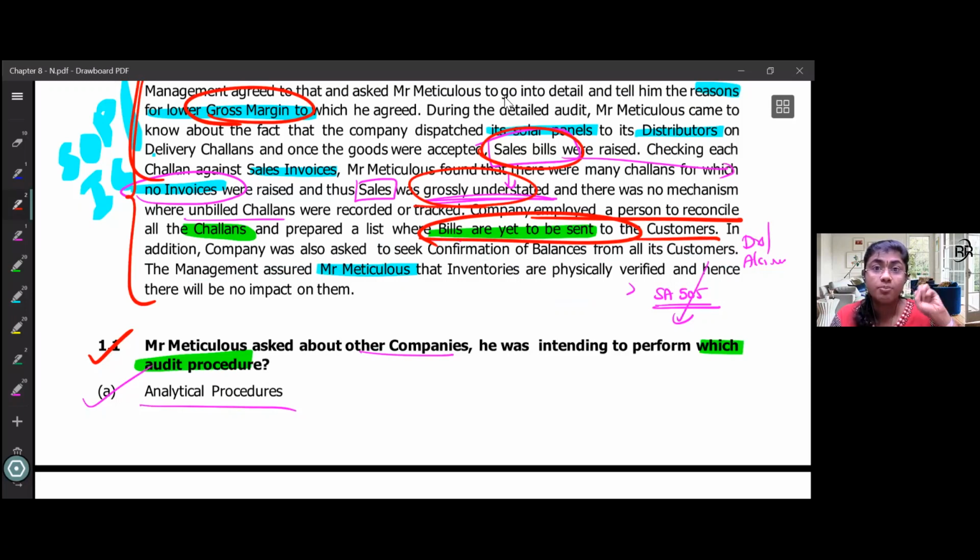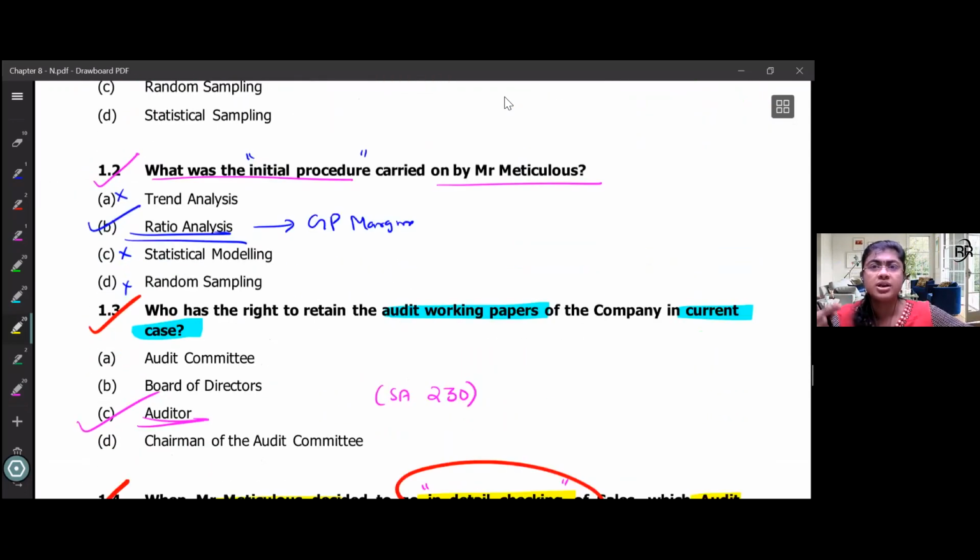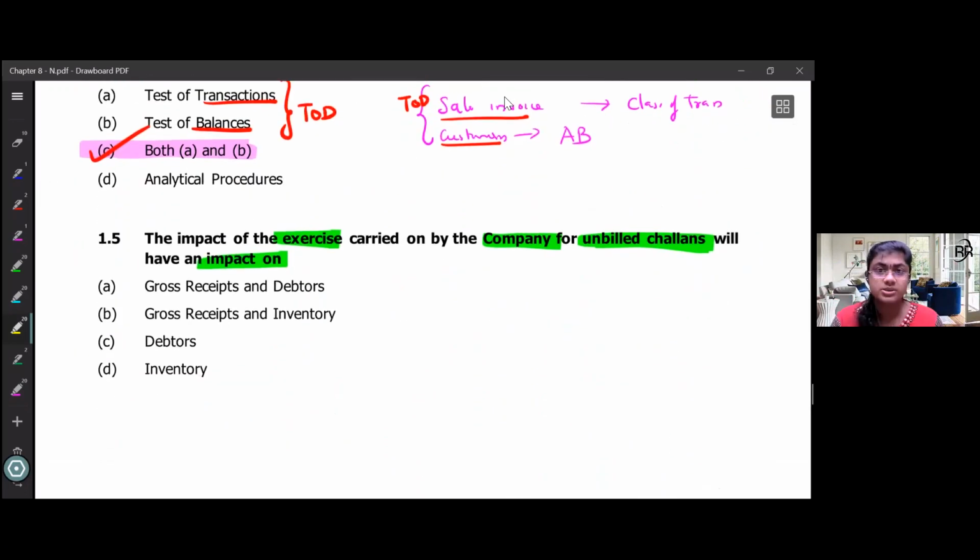The management assures us that inventory is physically counted, hence there will not be any impact. So because inventories are physically counted, no impact on inventory, meaning inventory is correct. Only bills have been omitted. Which bills? Sales bills. So when you prepare the reconciliation, you identify unrecorded bills. Then you record. Inventory is okay.